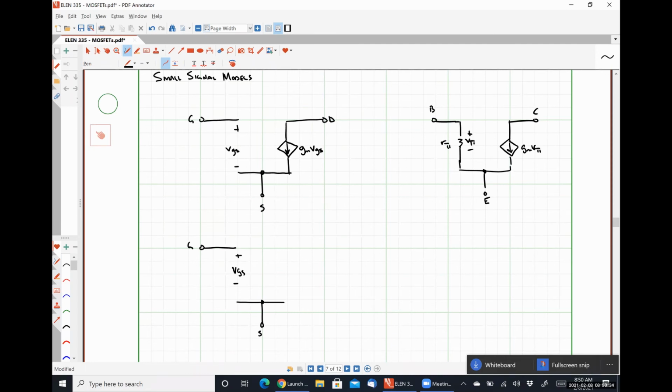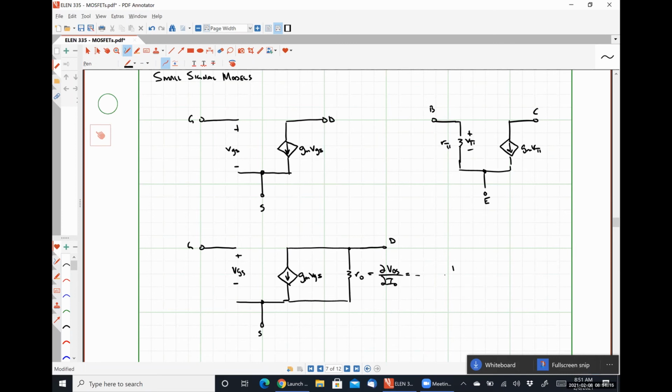So here's our gate, source, gm vgs. We are going to call this guy, let's see, what do they use? R naught. Here is our drain, where R naught is the change in VDS due to a change in our drain current.